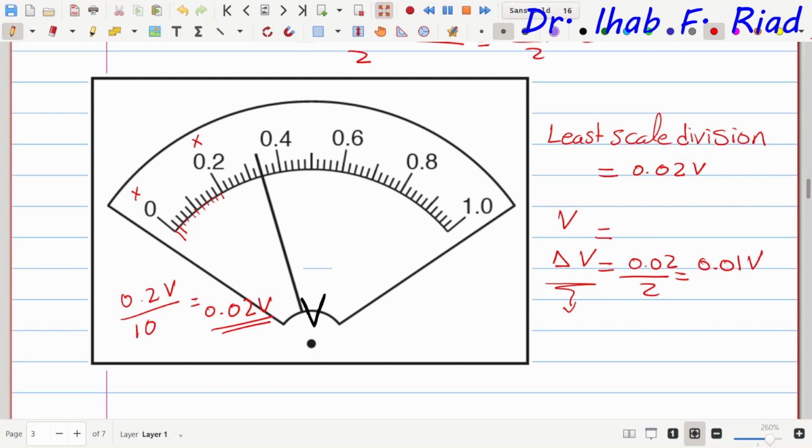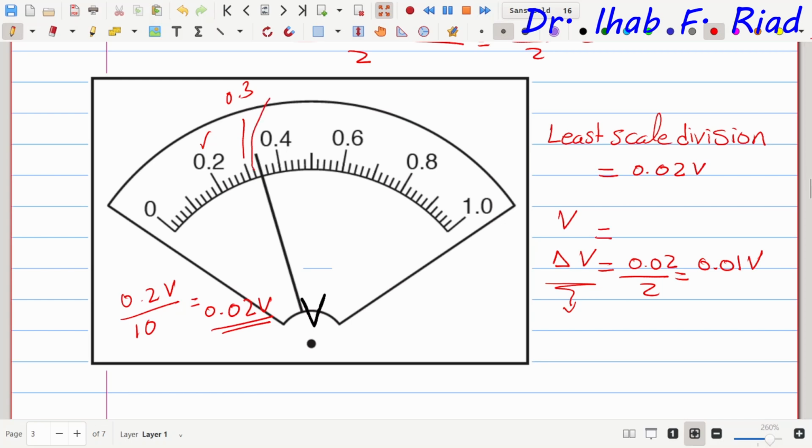What is the reading on this scale? Let us clear this again. So we have here 0.2, here is 0.3. We know each small division is 0.02.